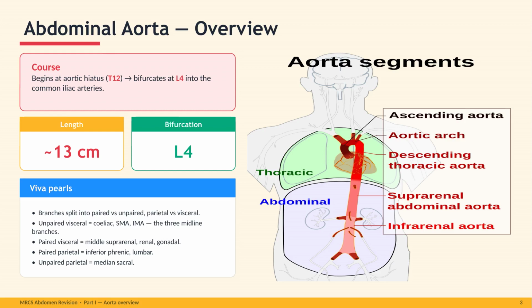The paired visceral branches come off the sides: middle suprarenal, renal, and gonadal. The paired parietal branches are the inferior phrenics and the lumbars, and the one unpaired parietal branch is the median sacral, coming off the back just above the bifurcation. Get that framework solid: paired versus unpaired, parietal versus visceral, and the rest is just memorizing the levels.